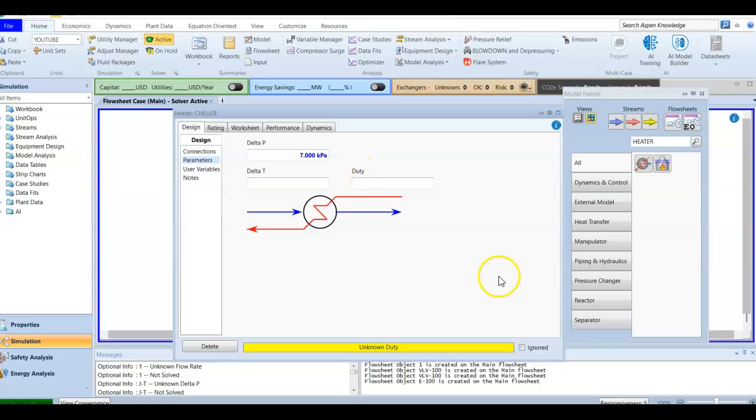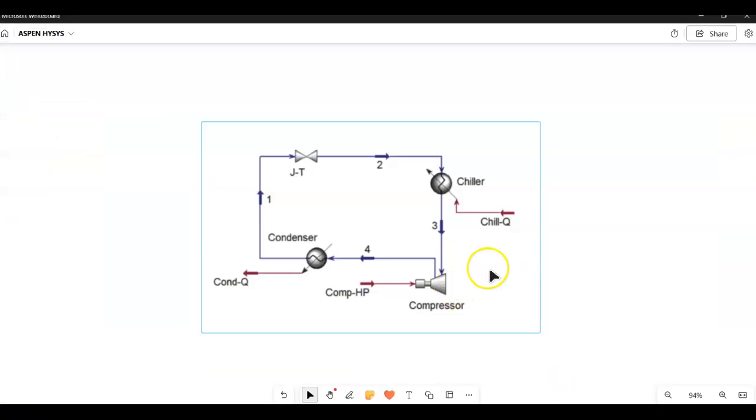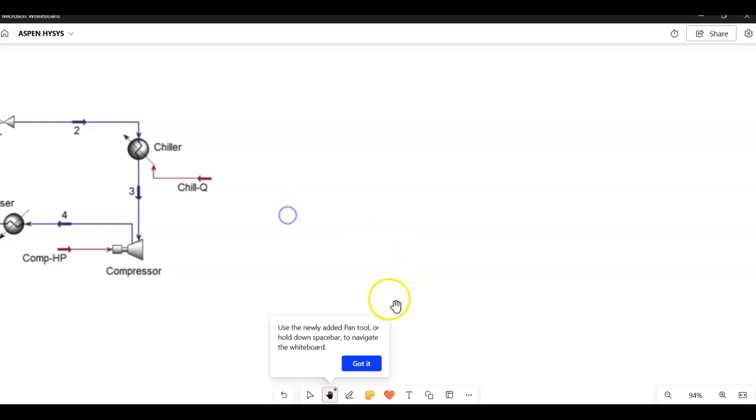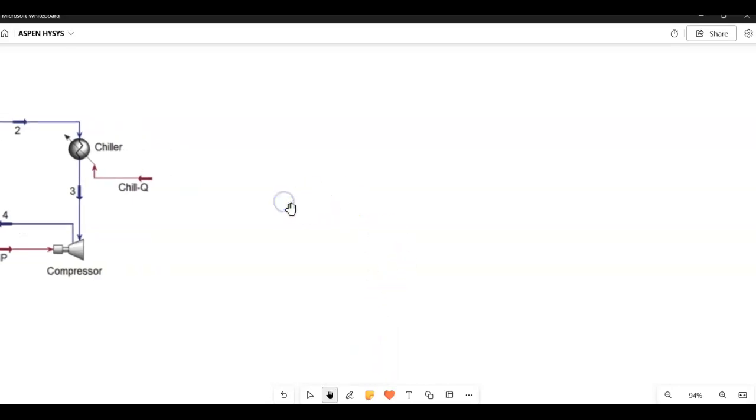Okay, so this is a fast look at some important thermodynamic concept, which is Q. So here I have added a Q chiller, or our chiller. What is the equation for this one?